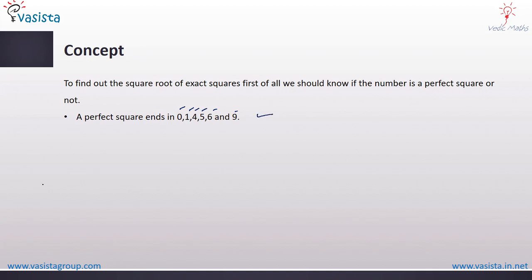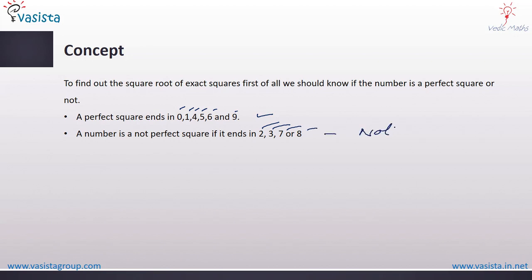When anybody gives the number, you should check whether the given number is ending in 0, 1, 4, 5, 6, 9. Then you can proceed further. The second point is if it ends in 2, 3, 7 or 8, it is not going to be a perfect square.